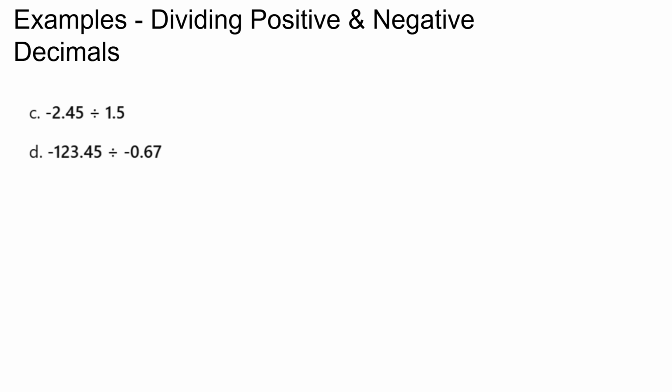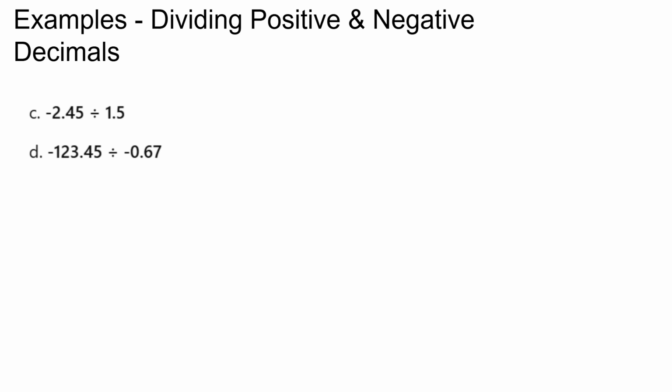Of course, just to give you an overview, to divide a decimal by another decimal, first we need to convert the divisor. What is the divisor? The divisor is the number you're dividing by, to a whole number, by moving the decimal point to the right.